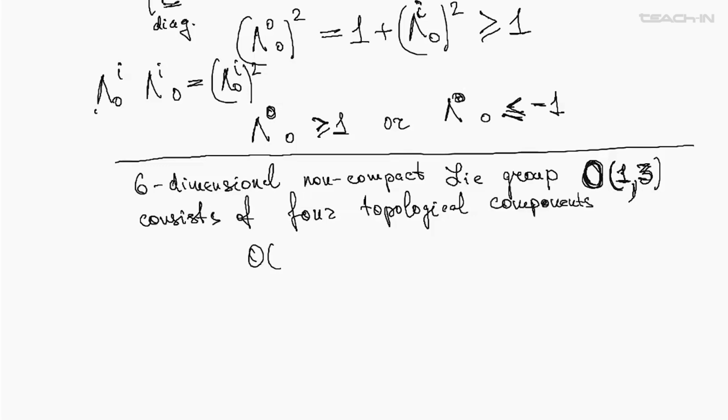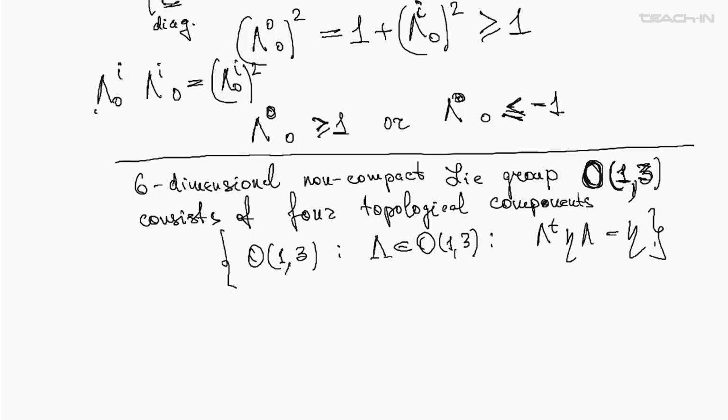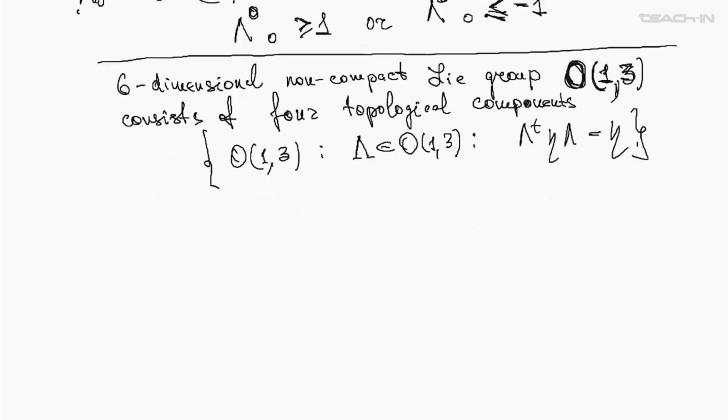This is a group consisting of matrices lambda, such that lambda transpose eta lambda is equal to eta. That is the definition of O(1,3). And now these four components are defined in the following way.